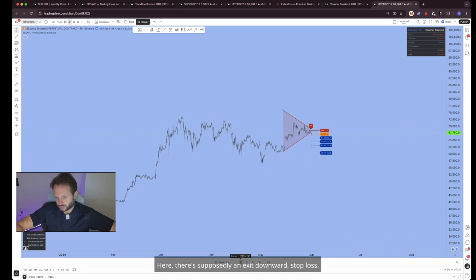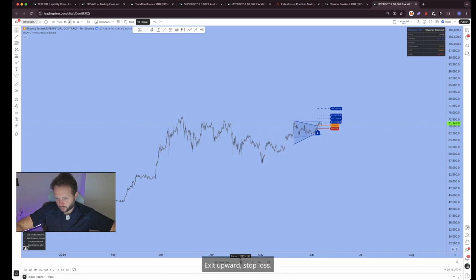Here there's supposedly an exit downward stop loss, exit upward stop loss, exit downward stop loss.